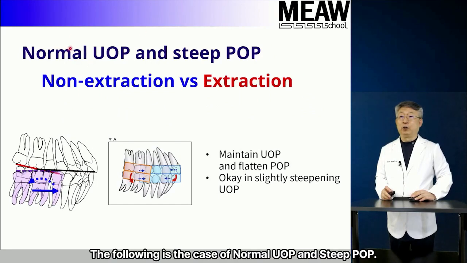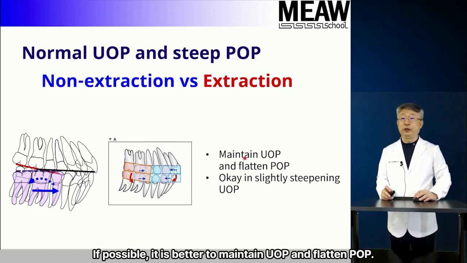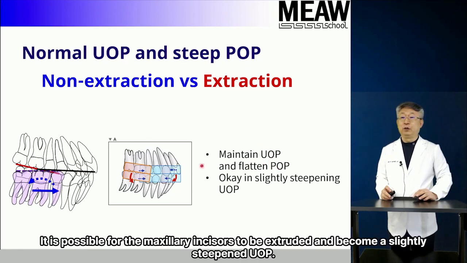The following is the case of normal UOP and steep POP. If possible, it is better to maintain UOP and flatten POP. It is possible for the maxillary incisors to be extruded and become a slightly steepened UOP.